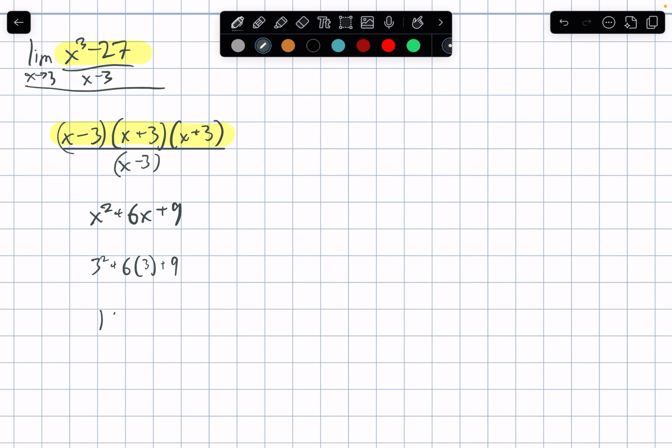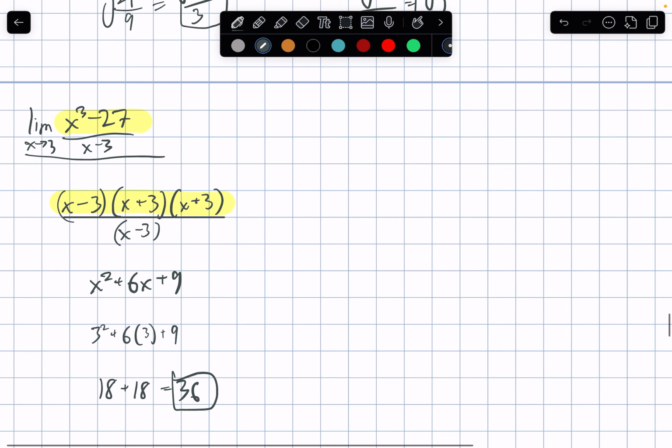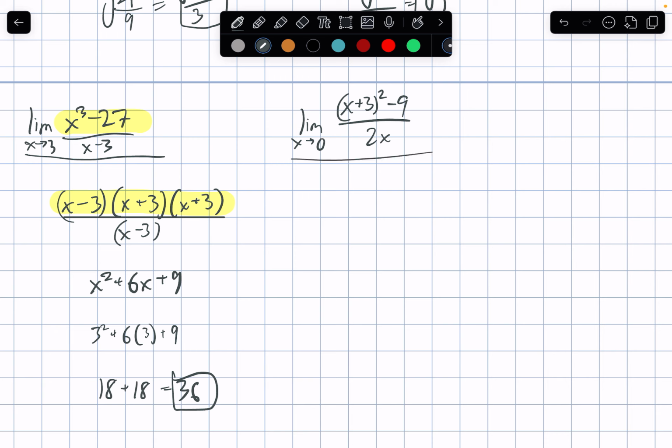Nine plus 9, 18. Plus 18, that's 36. Zero is 9 minus 9. So you cannot directly substitute. What do you do? Let's try simplifying the numerator. So that's going to be 6x plus 9 minus 9.